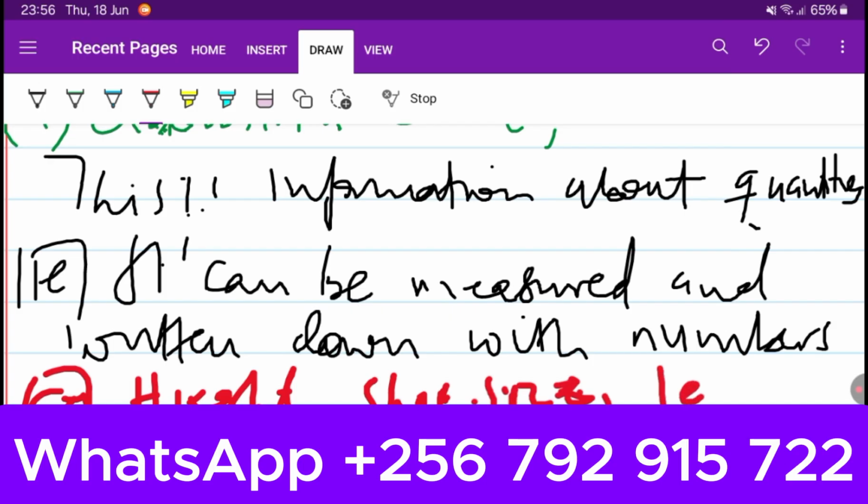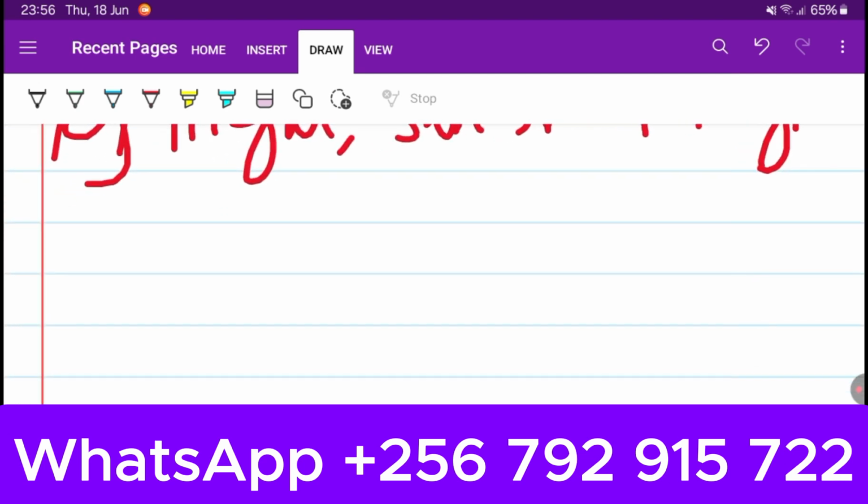We can talk about the length, the weight, maybe the age. So as long as we can write it down as a figure, it falls under the quantitative aspect.